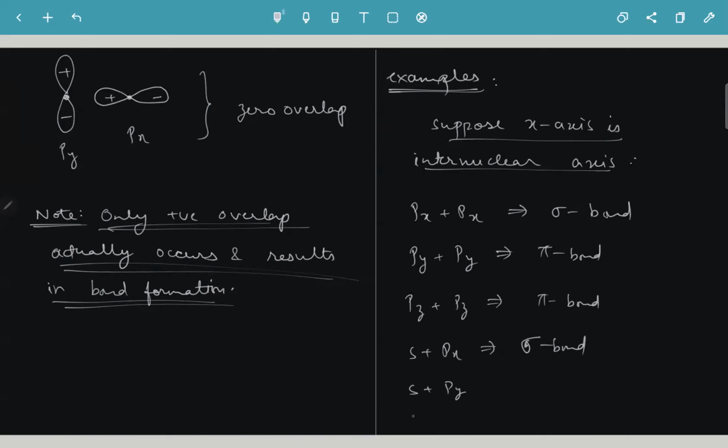S plus Py, S plus Pz will give zero overlap. Similarly, Px plus Py, Py plus Pz is also zero overlap. Is it making sense?